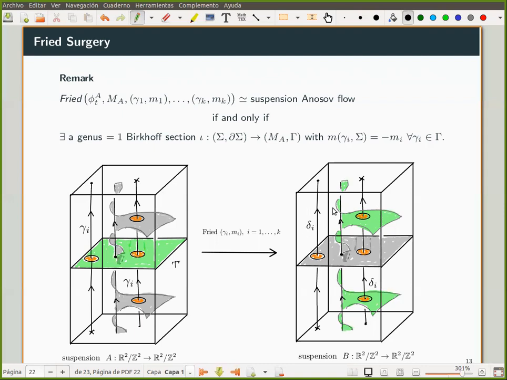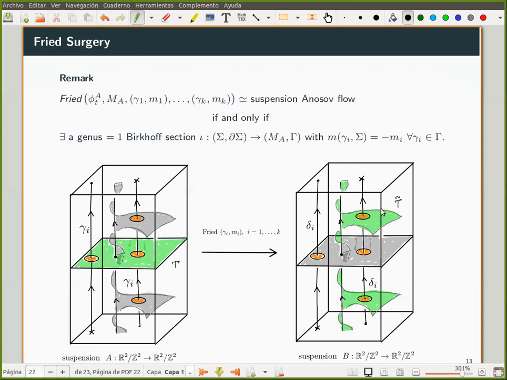Assume that the new flow is as well a suspension. In this case, the global transverse section T will be transformed into some Birkhoff section that I will call T tilde.